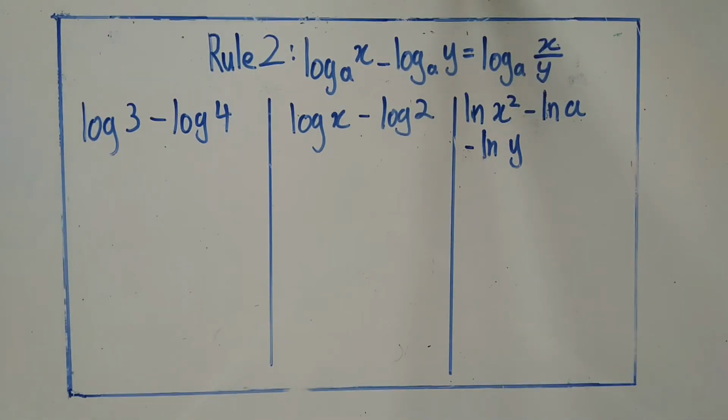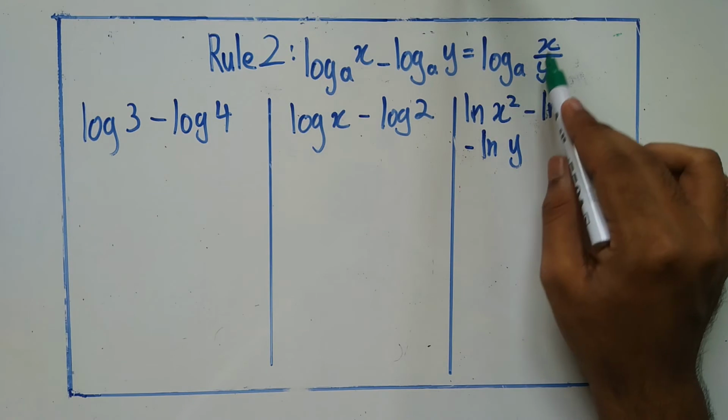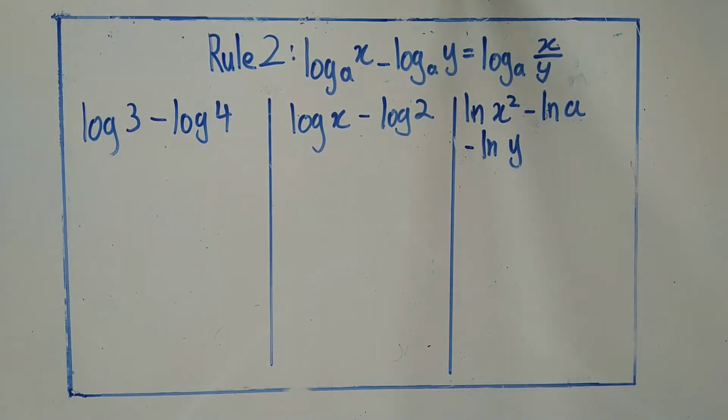Now we will be talking about the second rule, which is the subtraction rule. The subtraction rule is the opposite of the addition rule. Here we have log base a of x minus log base a of y equals log base a of x divided by y. Let's look at the next three examples.